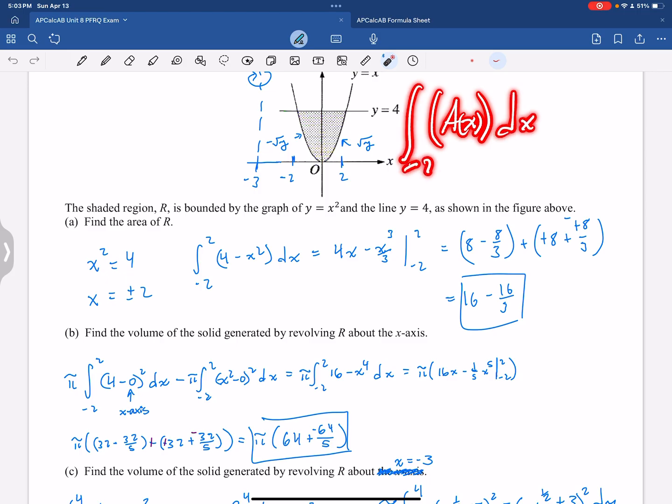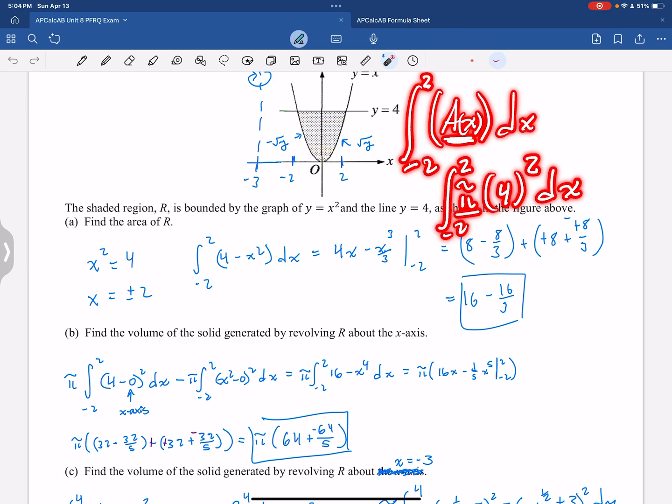And I would be adding them from -2 to 2. Now this function is just going to be 4, and we're going to square that, and then multiply it by pi to find the area of each circle. And then you have to add them all together from -2 to 2, and by integrating, you're doing that.